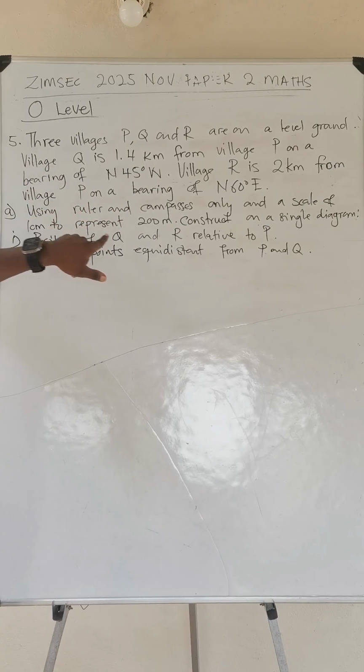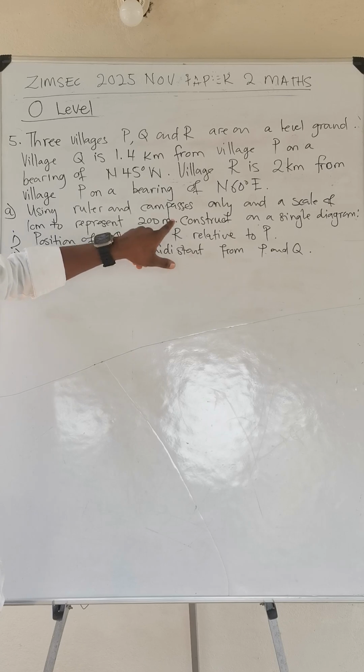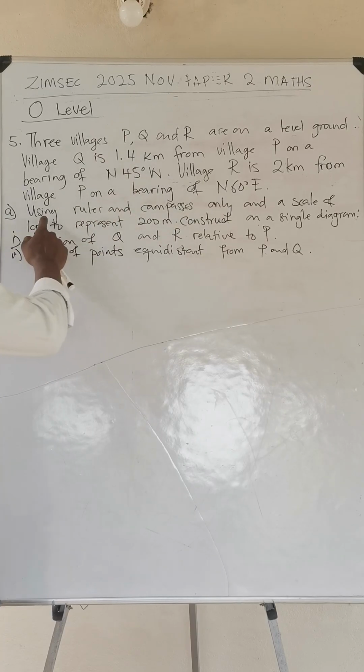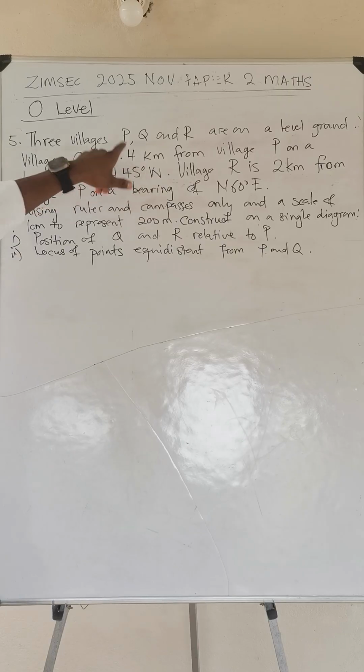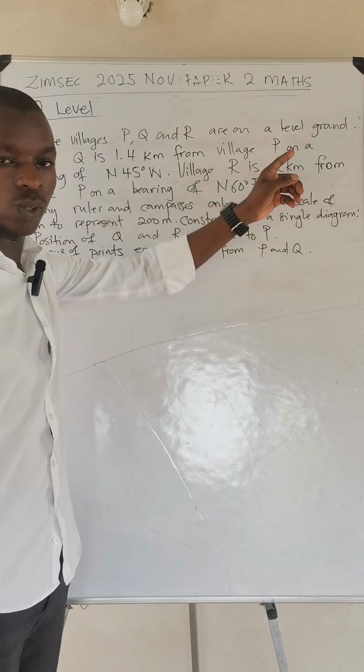So we have to convert this for simplicity. We have to convert this 200 meters to kilometers so that it will be easy for us to know how many centimeters are represented by 1.4 kilometers, and how many centimeters on paper represent 2 kilometers on the ground.